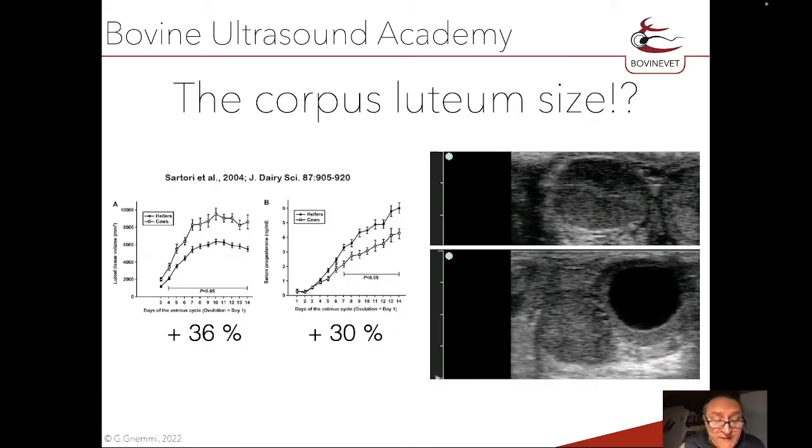In the heifers, the luteal volume is about 36% less than in cows, but the amount of circulating progesterone in heifers is about 30% greater than in cows. The reason is simple. The liver catabolism of the steroid hormones is very intense, in particular in dairy cattle and in those cows that produce a lot of milk.